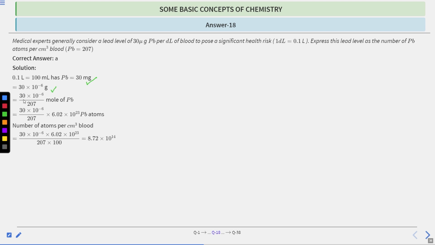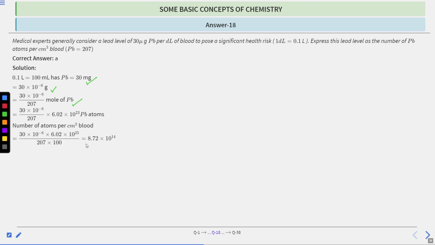So 30 into 10 to the power minus 6 divided by 207 mole of lead, which is equal to 30 into 10 to the power minus 6 upon 207 multiplied by 6.02 into 10 to the power 23, that is Avogadro's number, lead atoms. So the number of lead atoms per centimeter cubed will be 30 into 10 to the power minus 6 multiplied by Avogadro's number divided by 207 multiplied by 100.